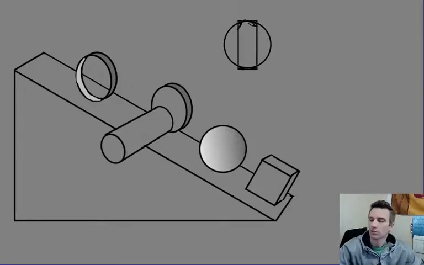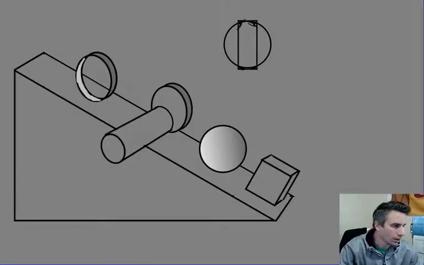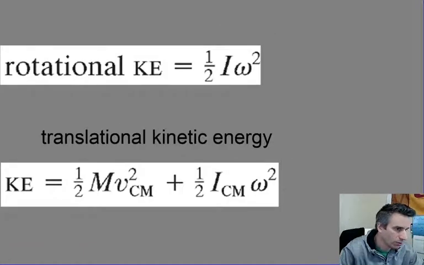All right, let's move on. Let's look at rotational kinetic energy. Rotational kinetic energy is 1/2 something. Think about this: isn't this effectively 1/2 mv squared?